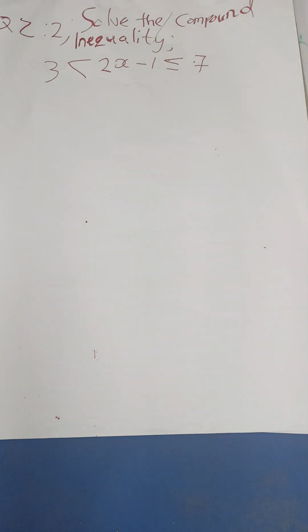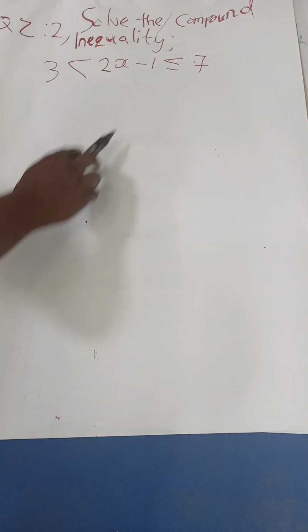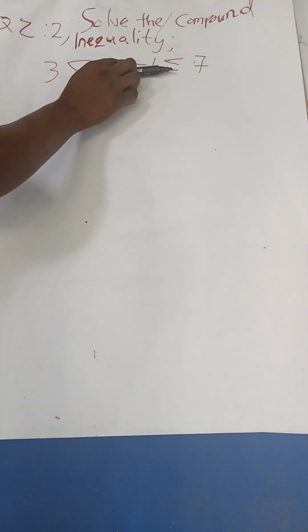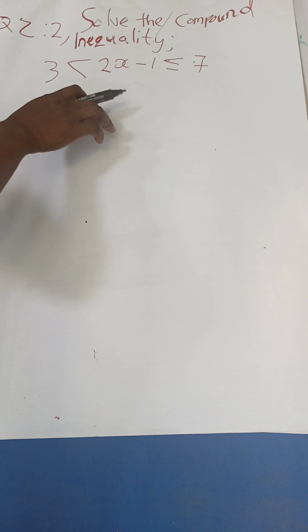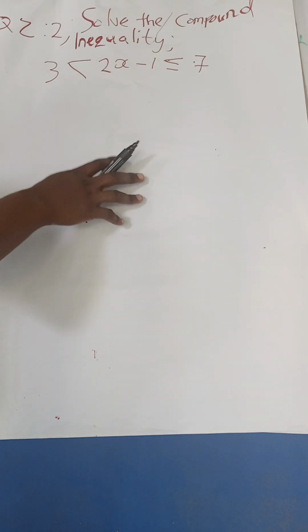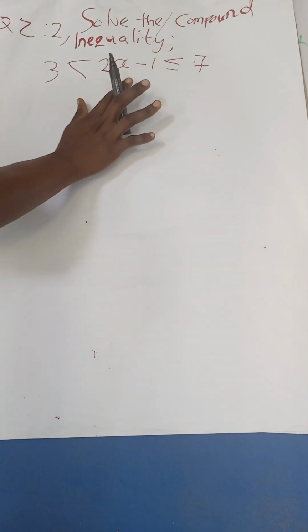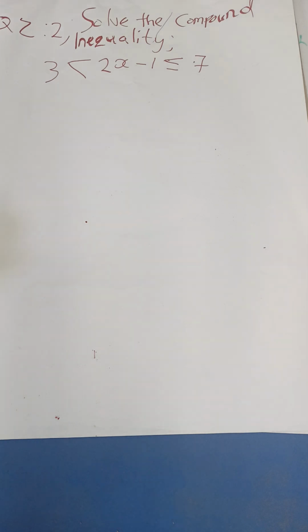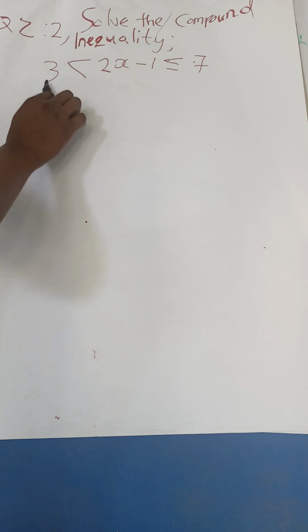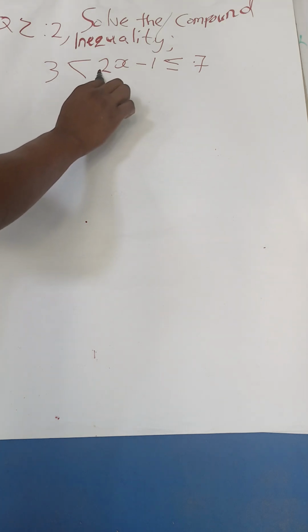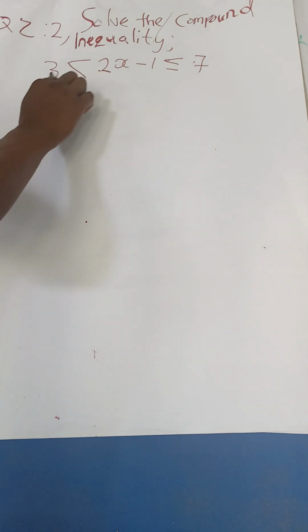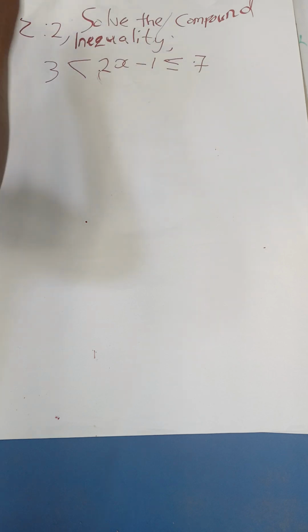I know I've solved this question in one of the videos, but I used another approach. In the other video, I dealt with one part from here to here separately, and the other part separately. But this one I want us to solve in a different way.